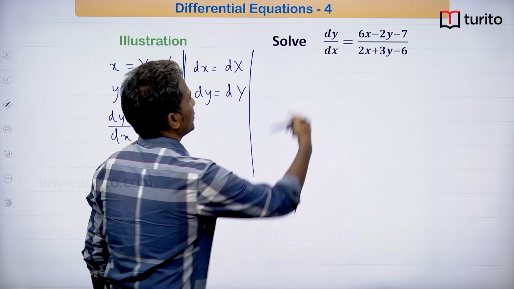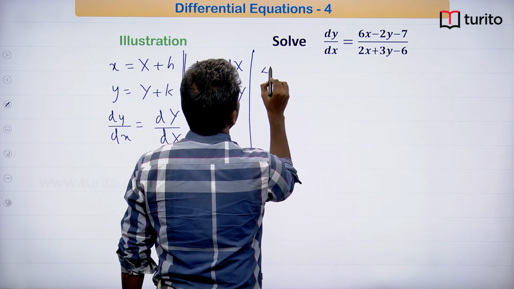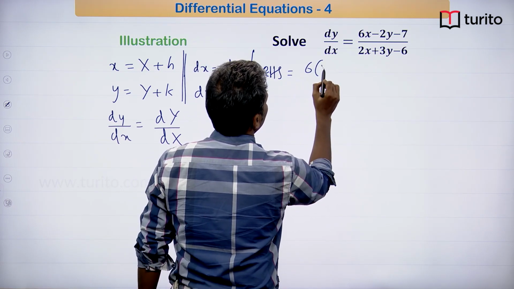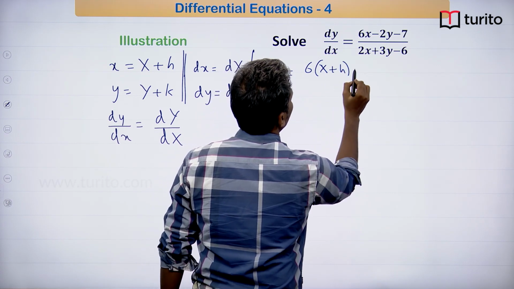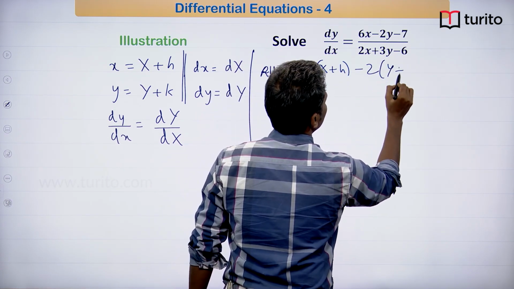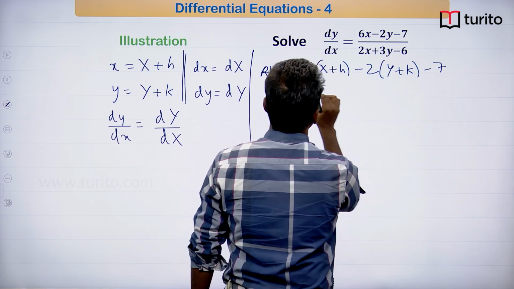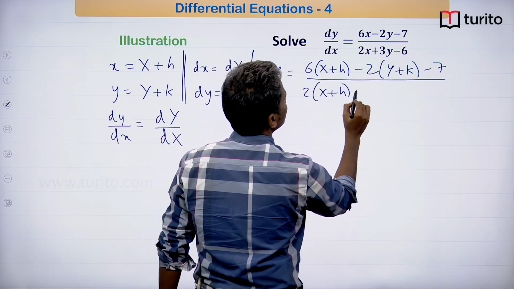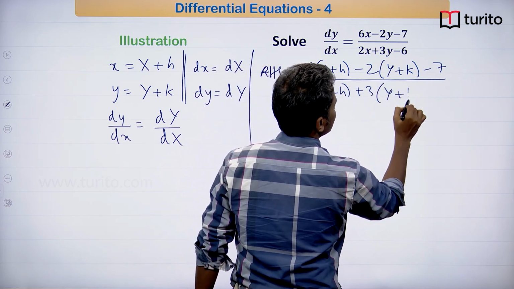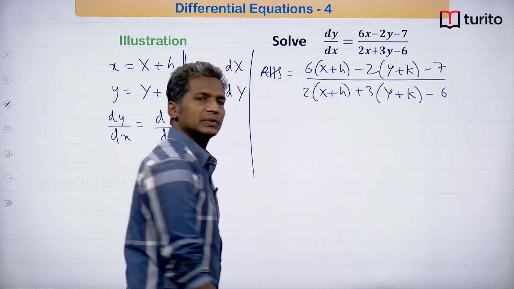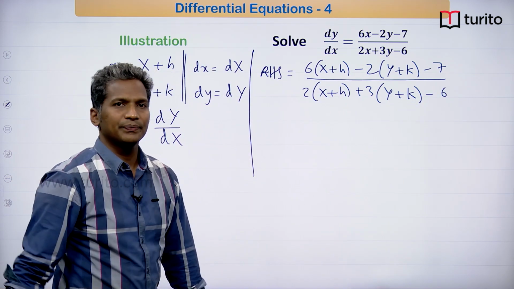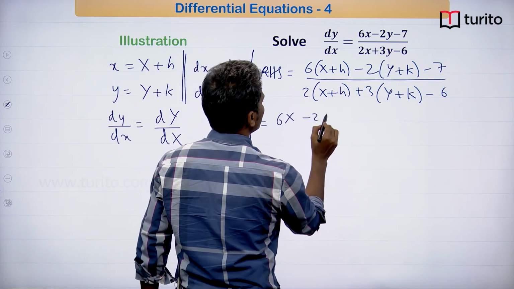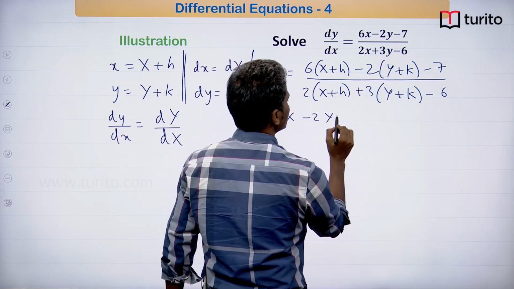Okay. So, what we are basically substituting here in the RHS is, in place of x we are putting X plus h and in place of y we are putting Y plus k, minus 7 here, divided by 2 into capital X plus h plus 3 into capital Y plus k minus 6. Okay. Now, what is our next step? To simplify this, I will take only variables to one side and take all the constant terms to the other.